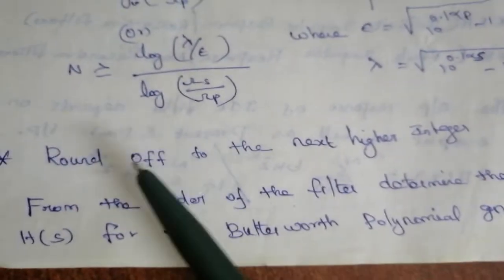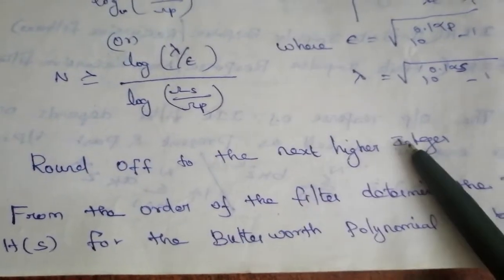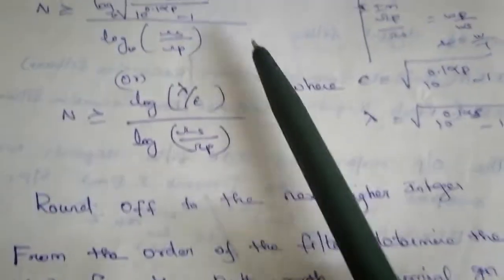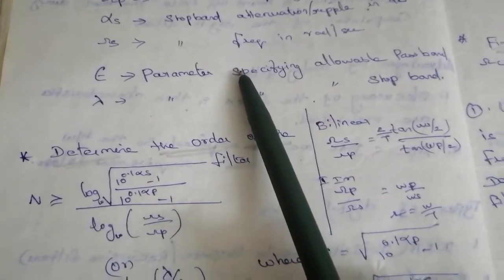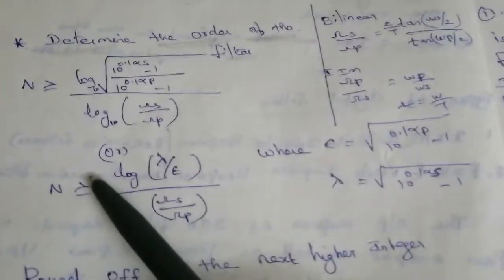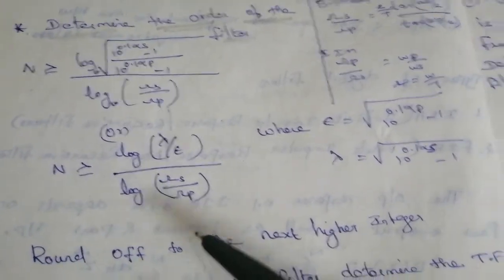Next step is round off to the next higher integer. That is, first step is to design the specifications, given specification. Second one, find order of the filter. Third step, round off to the next higher integer.